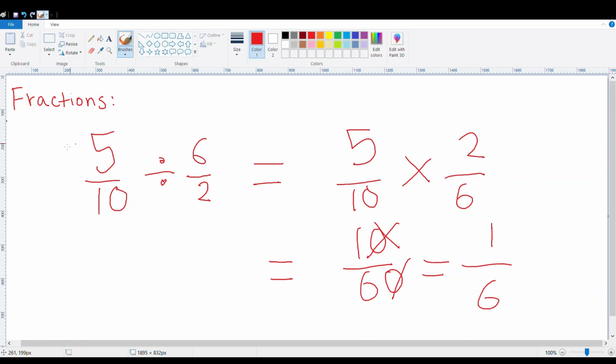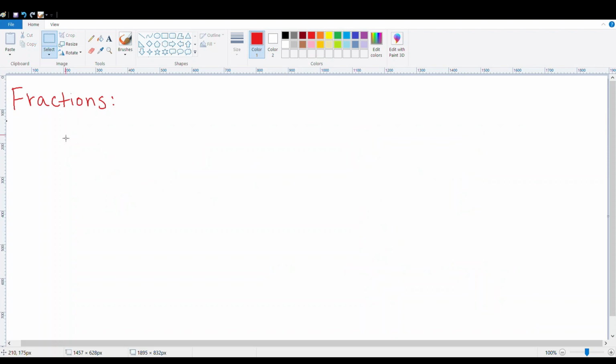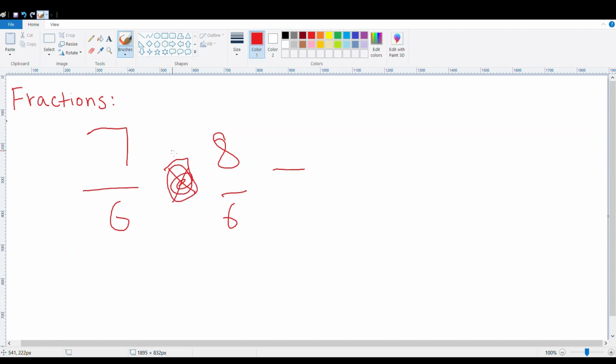Same with like fractions. So again let's take an example. Let's take 7 over 6 divided by 8 over 6.